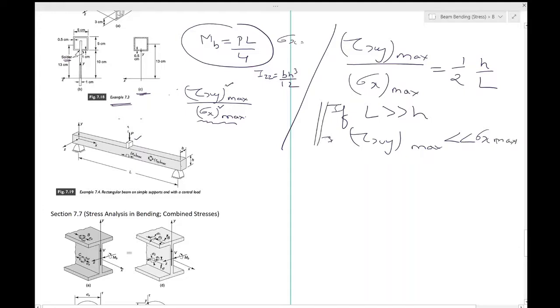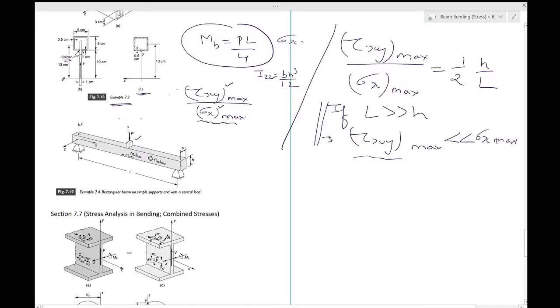If it's a slender beam, then the shear stresses are negligible, because the maximum value of the shear stress will be very small compared to the maximum value of the bending stress. Normally if L is greater than 10 times h, then it will be at least an order of magnitude smaller than the bending stresses.